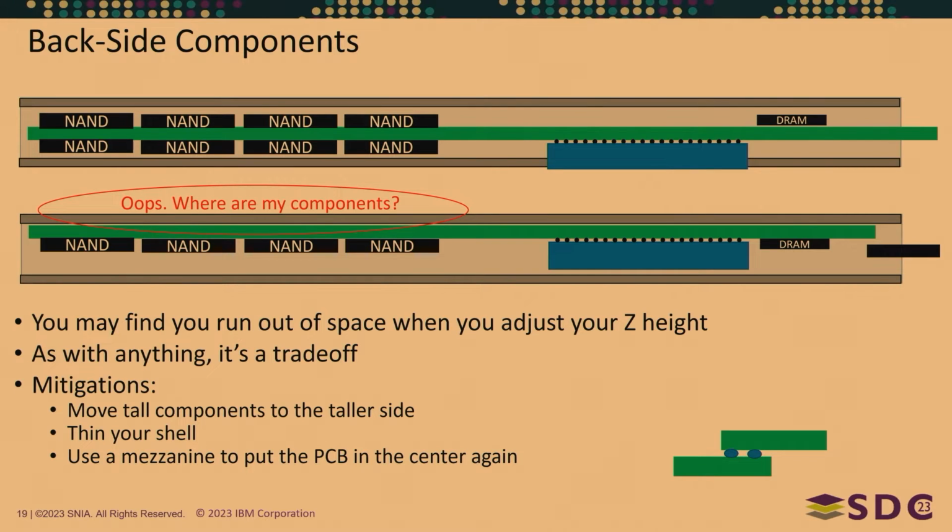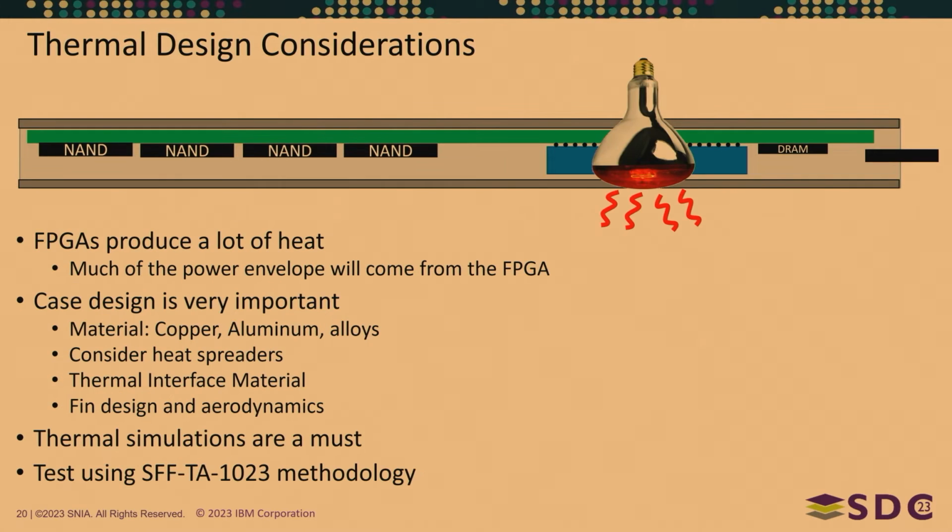You could thin out your case, or you could maybe offset your board just for the FPGA and then offset it back to handle your NAND flash. Another thing that's possible, I mean, you could do funny FPGA packages where they maybe mount on the same side as your die. It gets really ugly really fast.